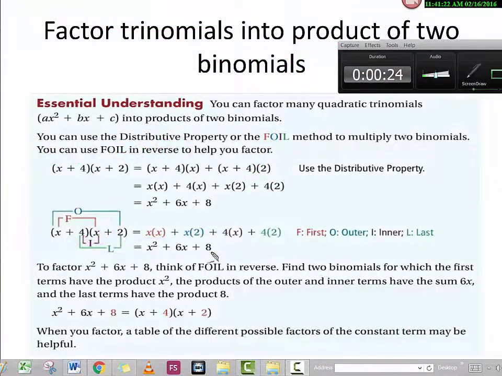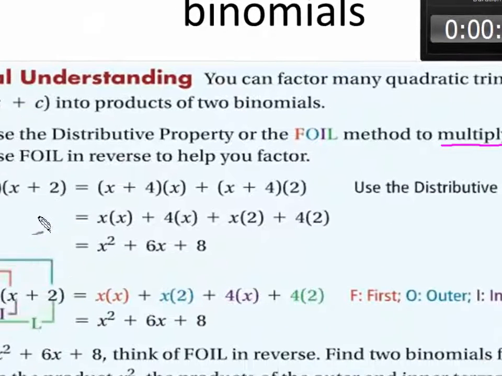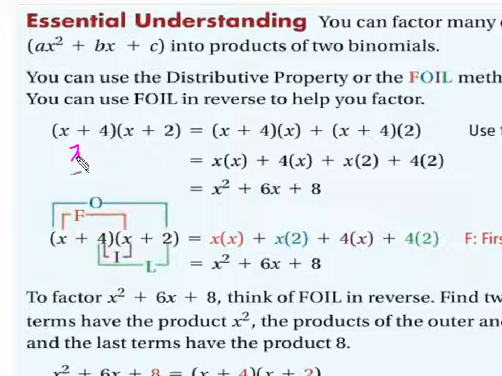So what is factoring? Factoring is actually the reverse operation of the multiplication of two binomials. Take this as an example. This is a binomial and this is a binomial.